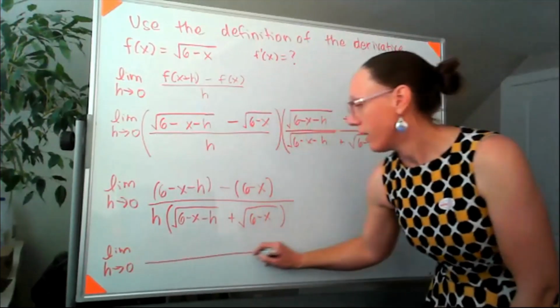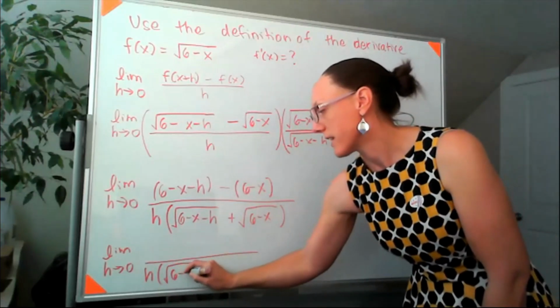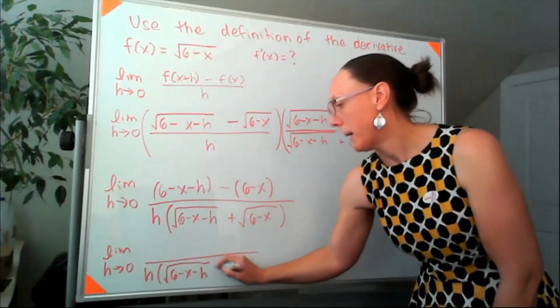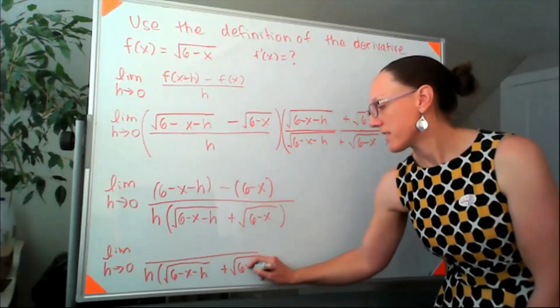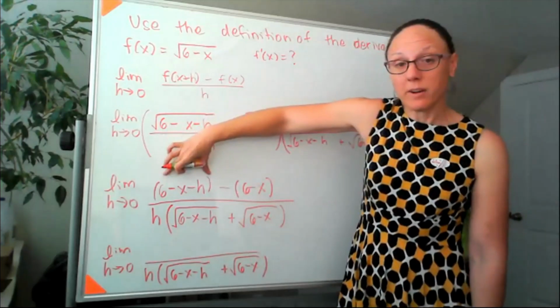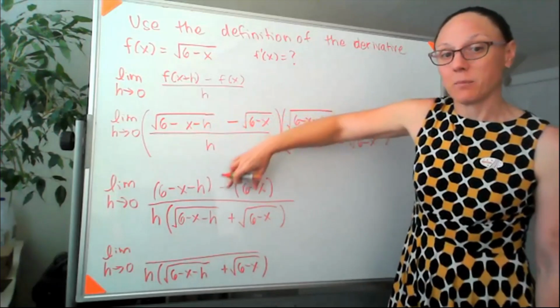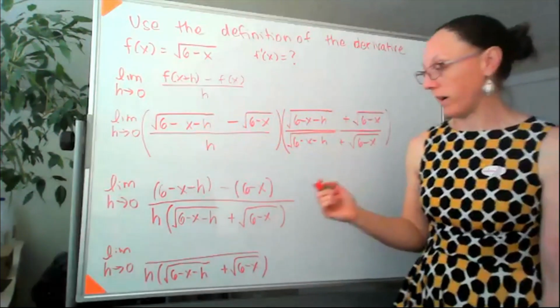So my denominator, I'm leaving it alone. I've got h times square root of 6 minus x minus h plus square root of 6 minus x. And in the numerator, I don't need the parentheses on this part. And since we're subtracting this, I'm going to go ahead and distribute the minus sign out when I write it.